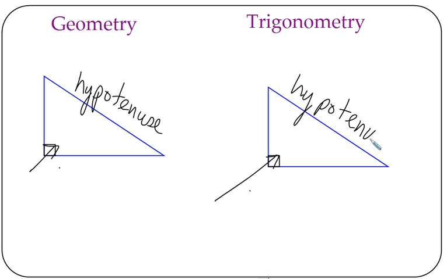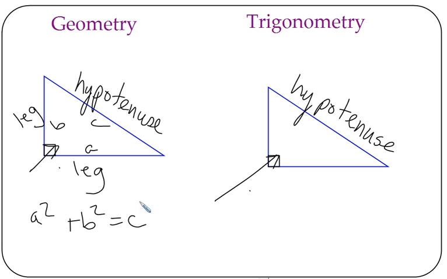No change there. However, in geometry, we would call this a leg and this a leg, and we use the formula a squared plus b squared equals c squared, which we will need in trigonometry.